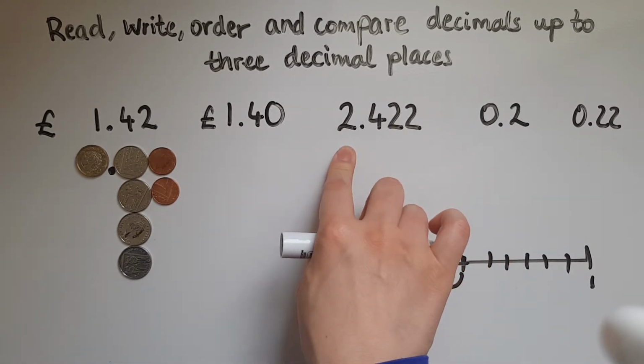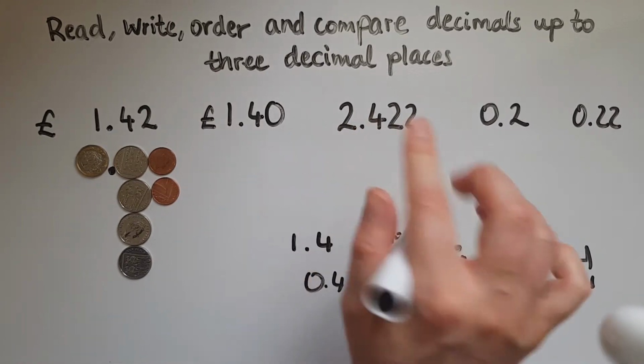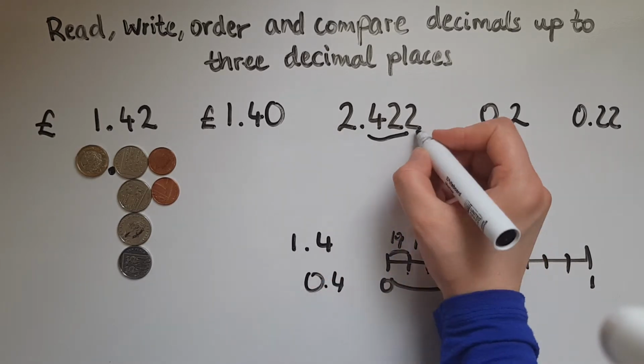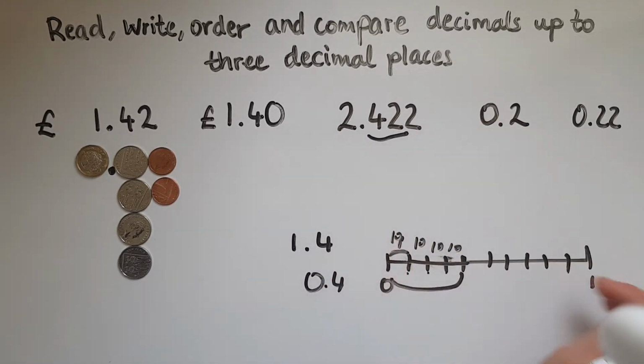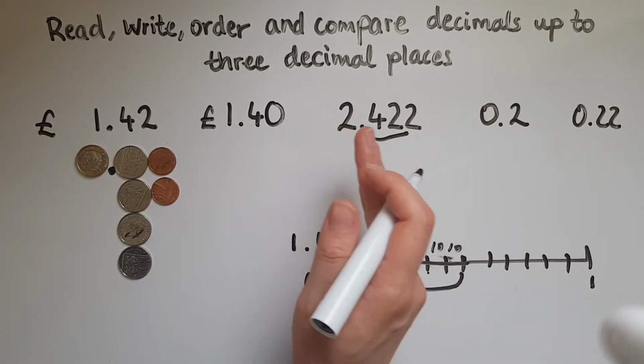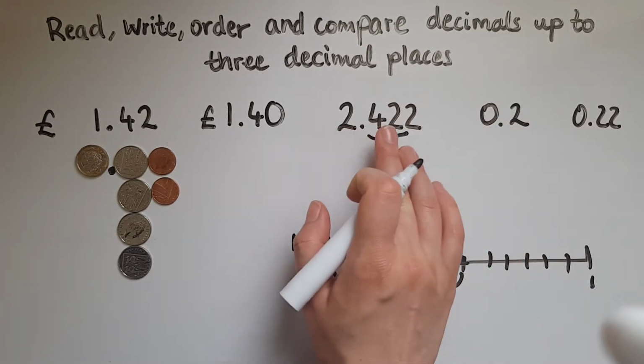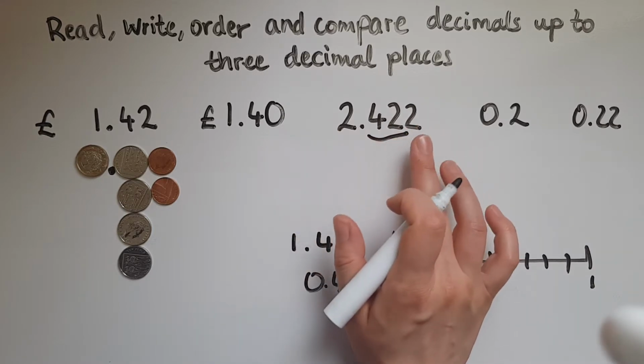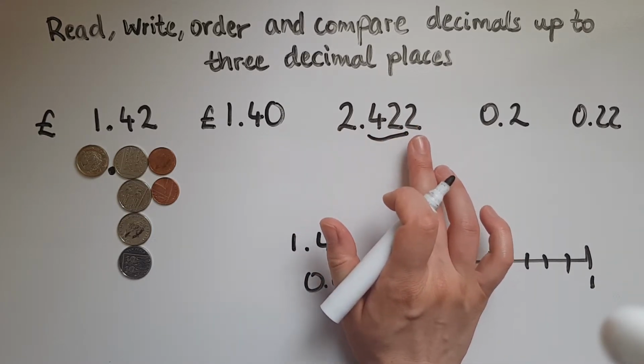Here I have £2.42 pence, and that 2 at the end represents a smaller amount than a penny. So we're talking about amounts or coins that we haven't got in use today. But what we need to remember is that this is an even smaller amount. As you can see, it's getting from pounds to 10p to pennies. So this is tenths of pennies.